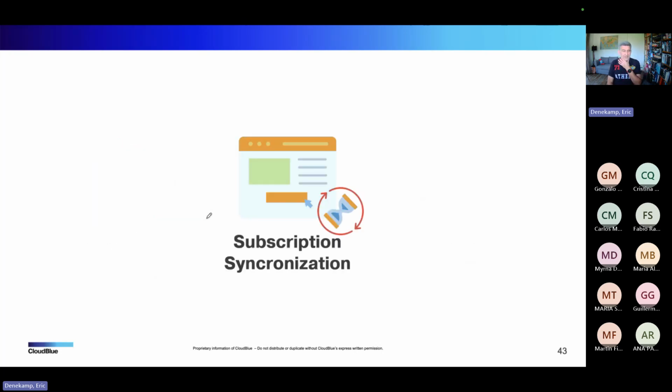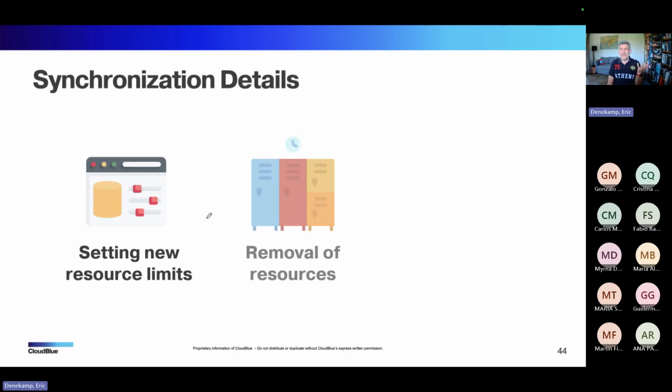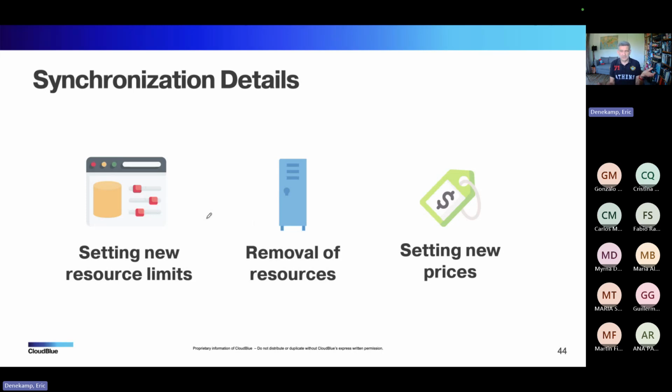And we discussed the synchronization already. We changed resource limits. We added new resources, or we removed resources. We set new prices. Normally what happens is that these items would take until renewal to start happening, because basically a renewal is the new start of a subscription, which means that it looks up to its service plan to see, okay, what did change?